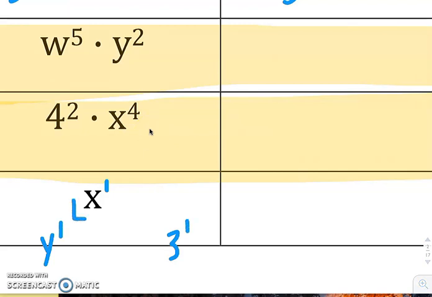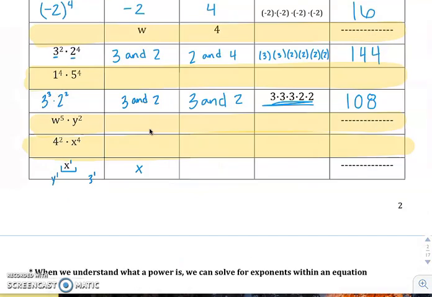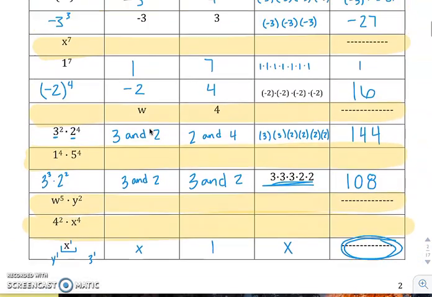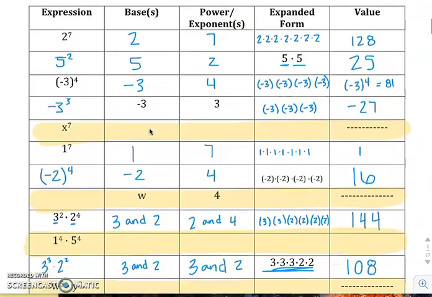So this expression is really just x to the 1st. So x will be your base. Your power will be 1. And you're just going to have a single x just like the expression. So you can't actually get a value if it is a variable. So that's why those dashed lines are there. So go ahead and try the highlighted ones.